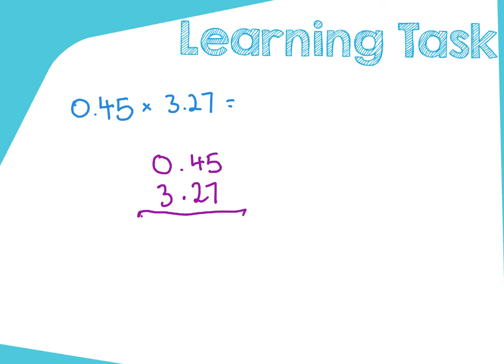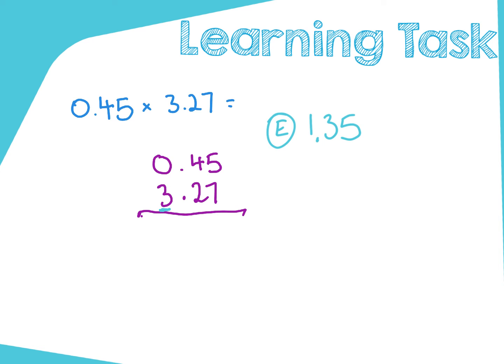Let's just go 3 times 45. Well, 2 times 45 is 90 plus another 45 is about 135. Now looking at that, I'm looking at 3 times 45 cents. So I'm going to say 1.35 is my estimate. Let's see how close we are to that.